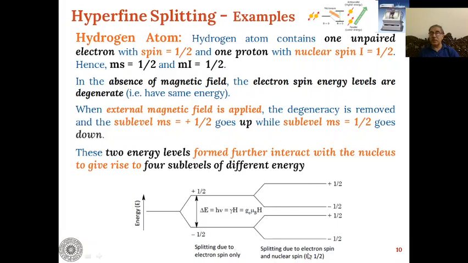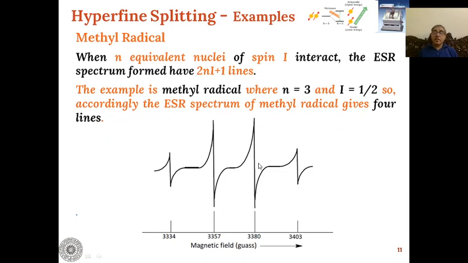So this is a simpler spectrum in comparison to nuclear magnetic resonance spectra, but ESR multiplets can be more complex when the electron interacts with several high spin nuclei, which we will see in the following examples also.